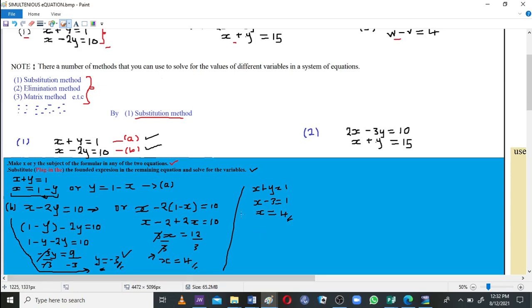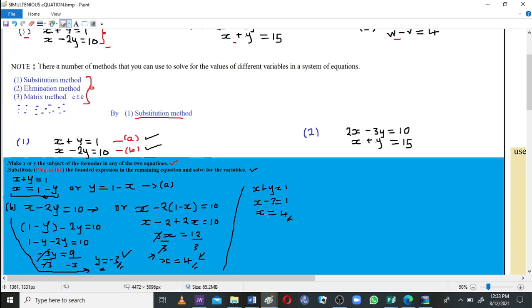And this is in line with what we have found here. In the first part we solved for x to be the value of 4 after using the expression for y, and here by just substituting with the value of y that we found in the first part, we have confirmed that x is equal to 4.